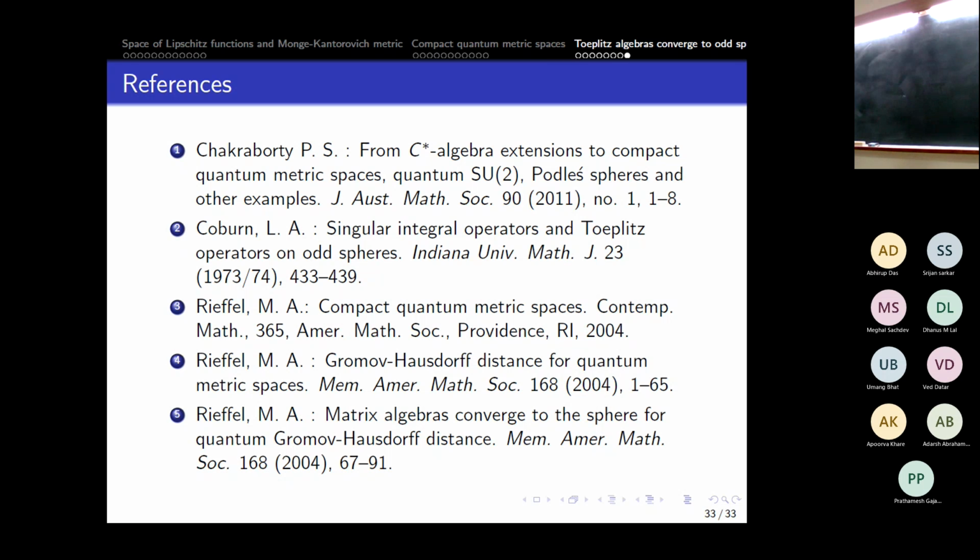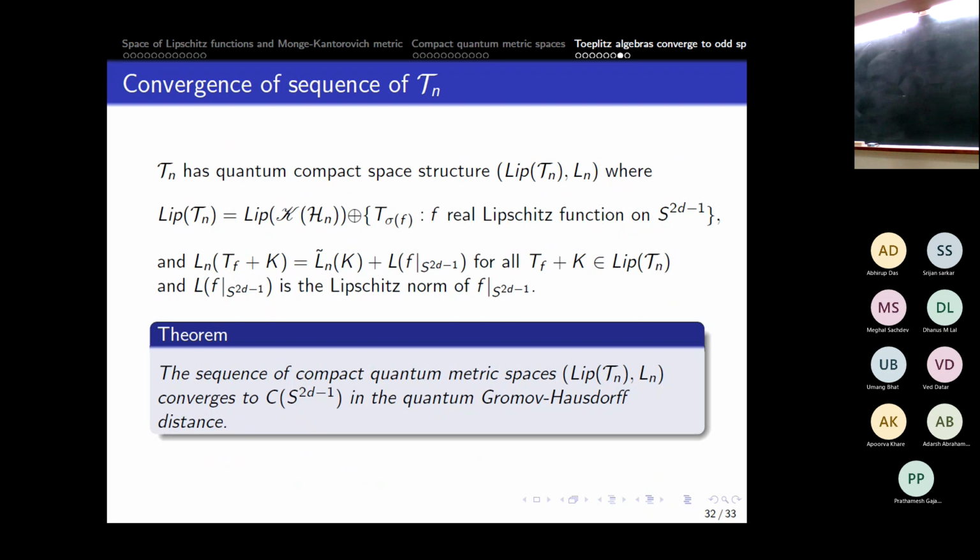Any questions from the online audience? What about holomorphic sections of line bundles on a Kähler manifold? That would be an interesting thing to look at. We haven't gone in that direction. At the moment, we have found this result.